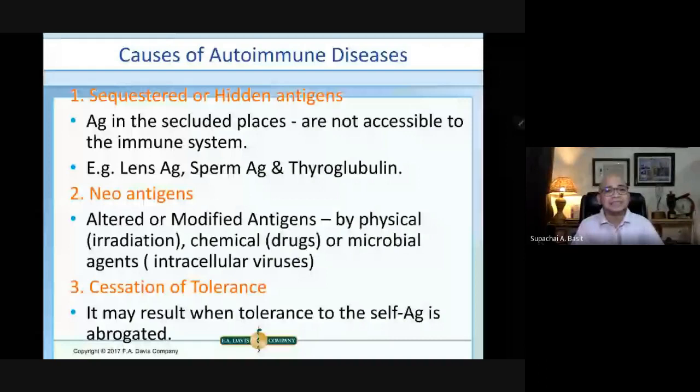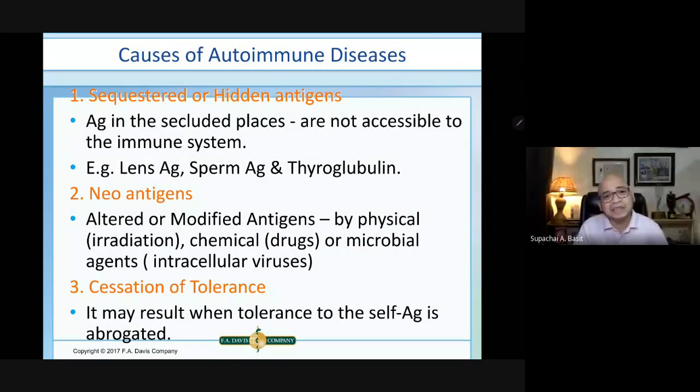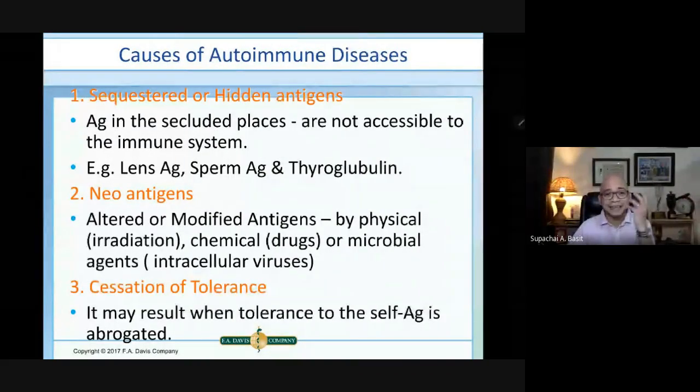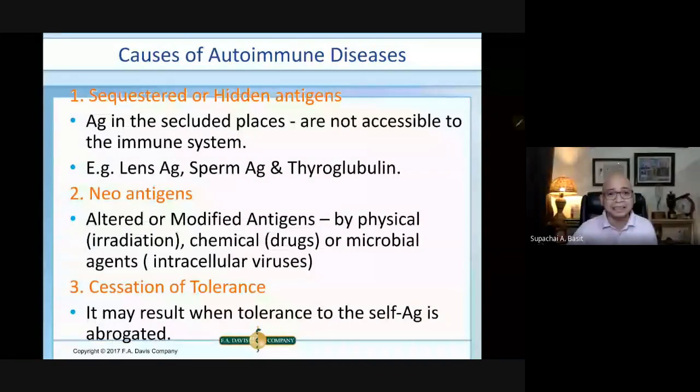So these are the reasons why there are autoimmune diseases. The first reason is sequestered antigen or hidden antigen. These are antigens in secluded places that are not accessible to the immune system, for example, the lens antigen found in the cornea of the eye, sperm antigen, or thyroglobulin.